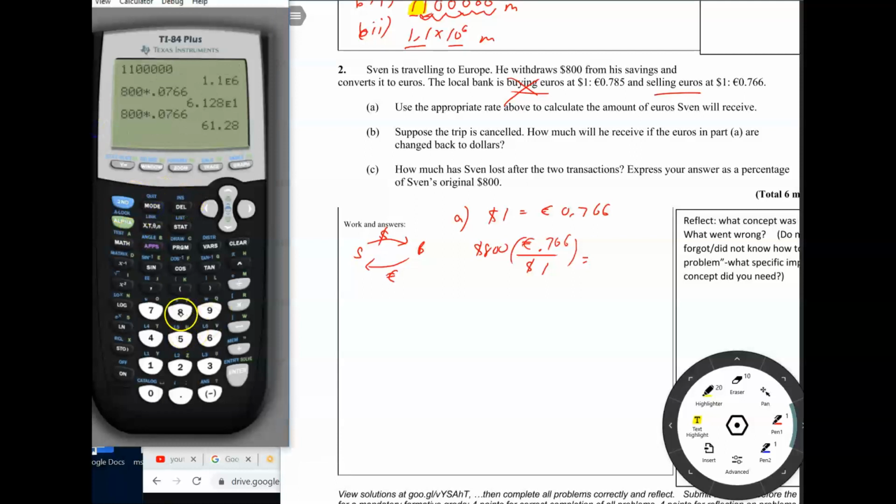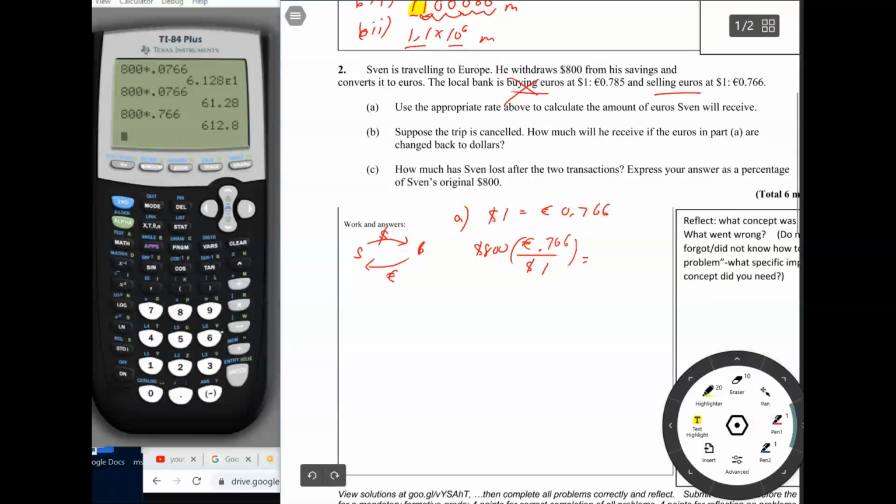And then we're going to multiply 800 times 0.766. And we're going to get 612.8. So our new amount is 612.80. Okay.